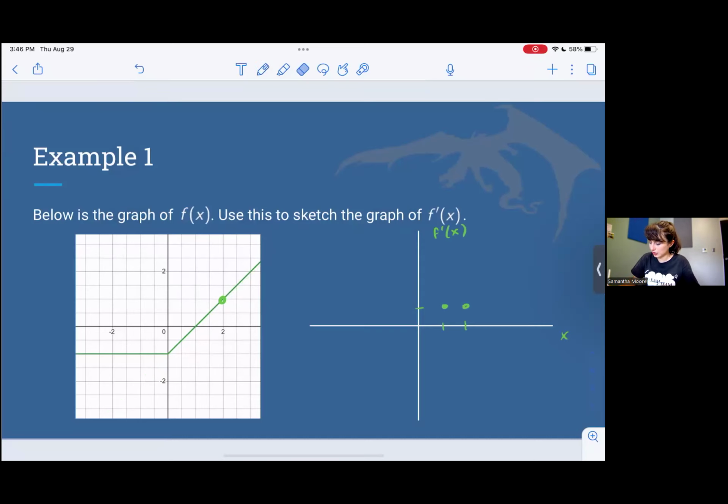If I keep doing that over and over again, no matter what point I choose over here, you're going to draw this same tangent line, and so your slope is going to be 1. So in my graph of f prime, for every x value above 0, it seems like the slopes of my tangent lines are all 1.